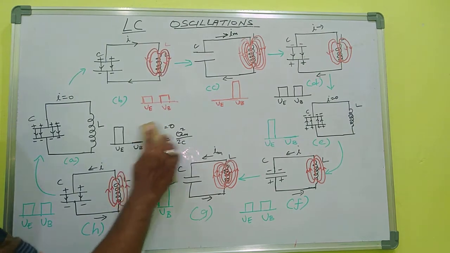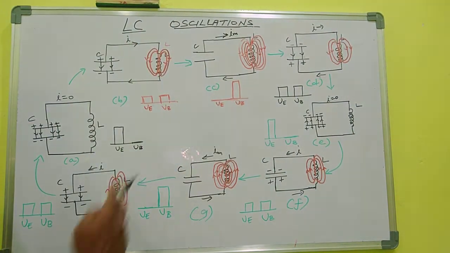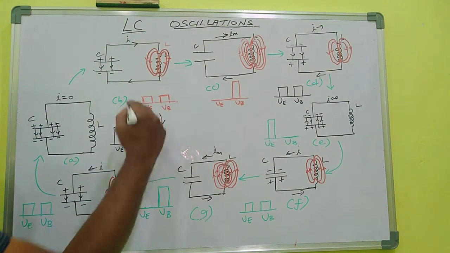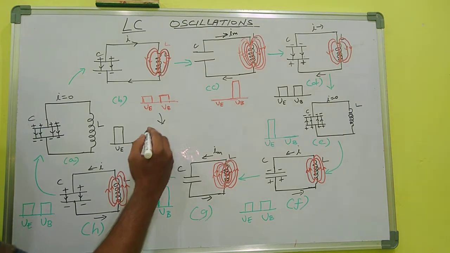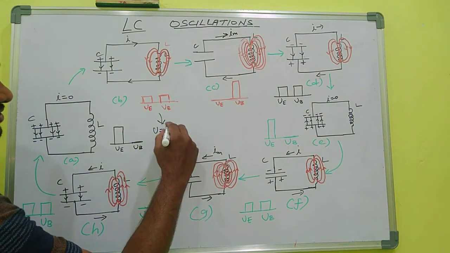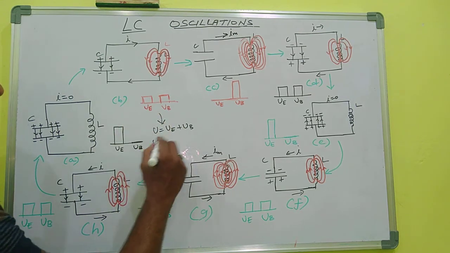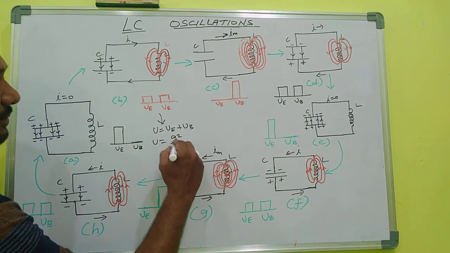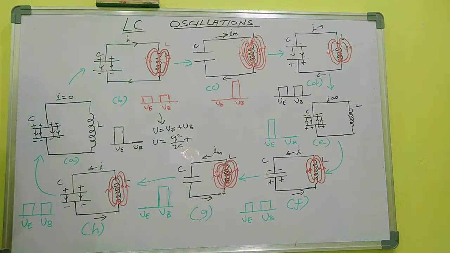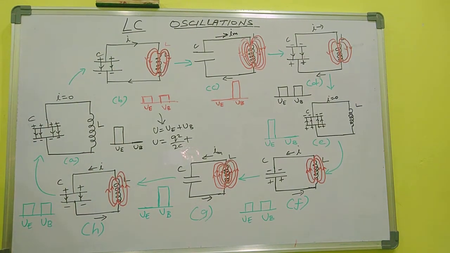In the second step, there are two energies. One is electrical energy, another one is magnetic energy. So the total energy is equal to the sum of UE plus UB. Where UE is electrical energy, so it is Q square by 2C. Here we are writing small q because the capacitor is allowed to discharge.